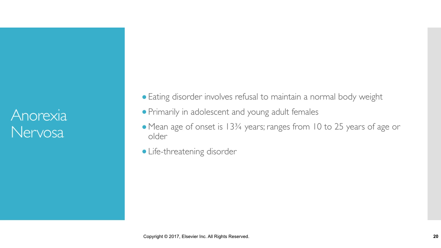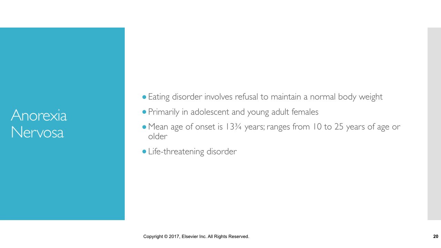It is primarily seen in adolescents and young adult females, although my daughter, when she was in school at Dunbar, had several friends that were males that had both bulimia and anorexia nervosa.